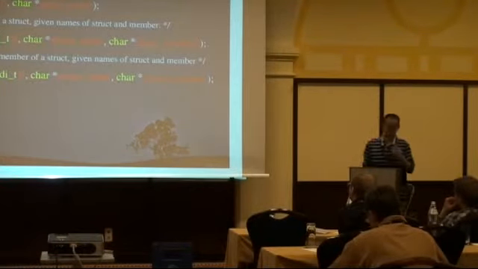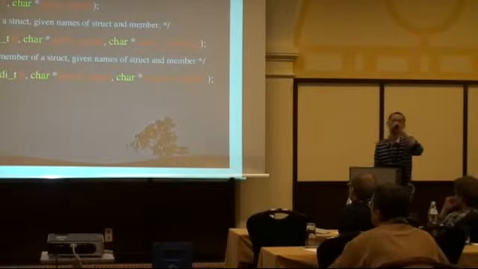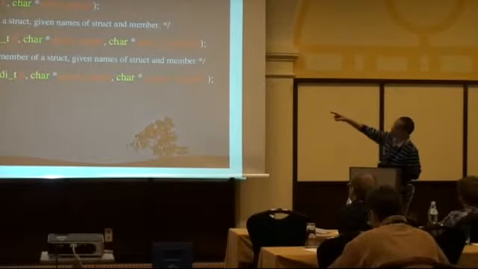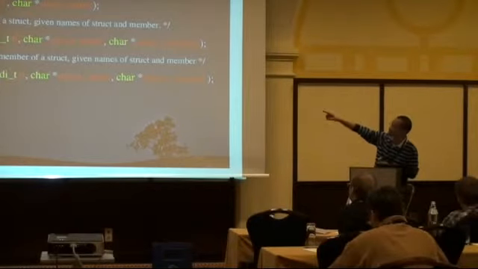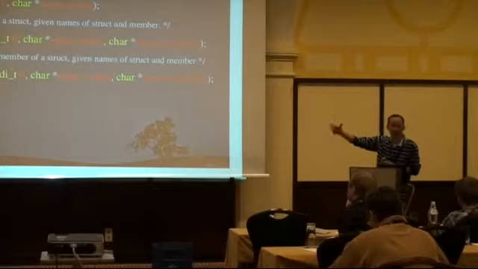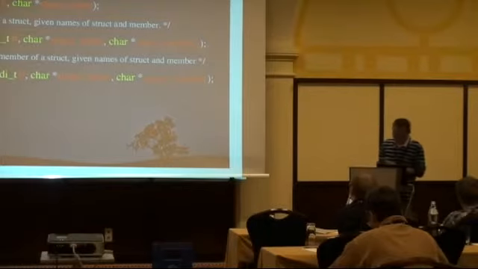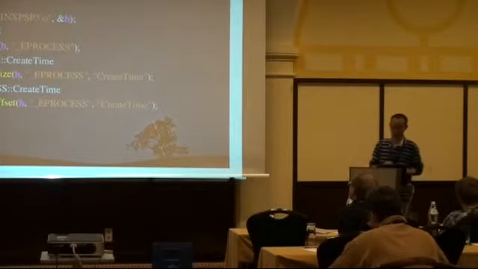So here's a simple API for libdi. You can use the first function to get the size of the structure. You can use the second function to get the size of a member in the structure. The third function gets the offset of the member in a structure. Here's the sample.